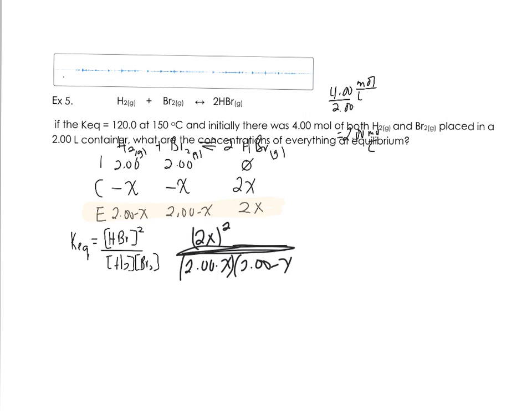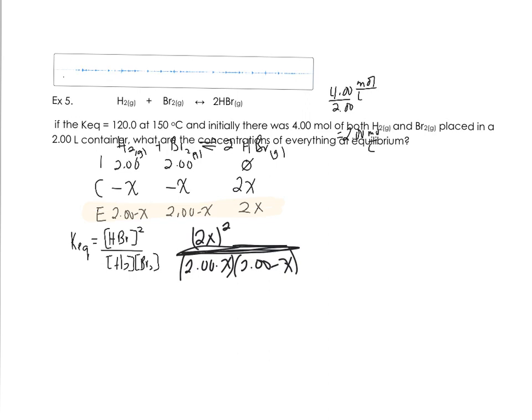Now, you should know that chemists are not lazy, but we are efficient. So if we can simplify this so that we don't have to use the quadratic method, we will.